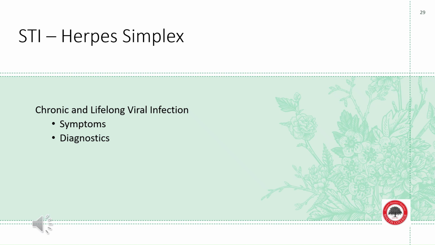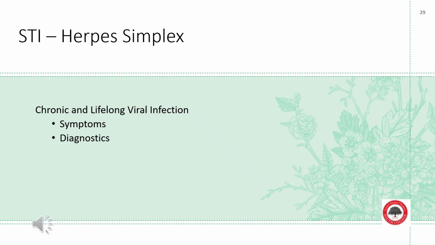Clinical diagnosis of genital herpes can be difficult because you have to catch them when the lesions are present. If genital lesions are present, clinical diagnosis of genital herpes should be confirmed.